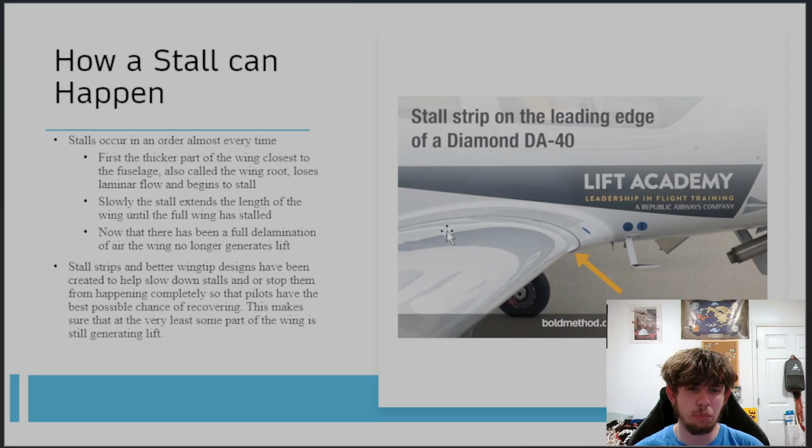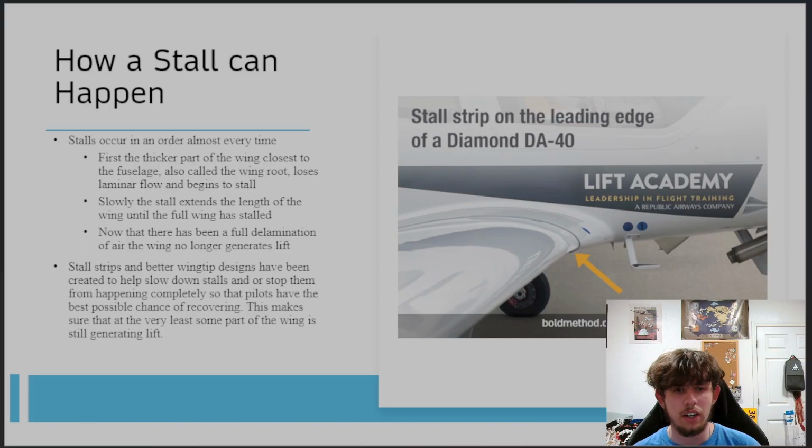Air will separate here at the wing root first, and then that turbulent air will then quote-unquote poison the rest of the air along the wing until the entire wing has stalled, all the way to the tip of the wing. Stall strips and different wingtip designs have been implemented on more modern aircraft to try and stop this from happening, as it's a very dangerous thing.